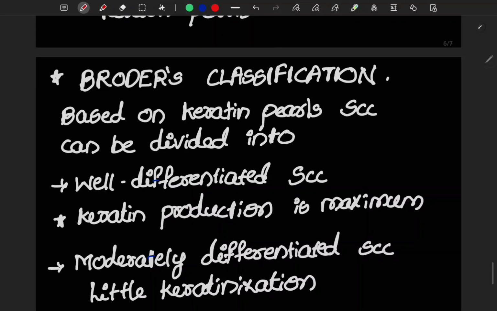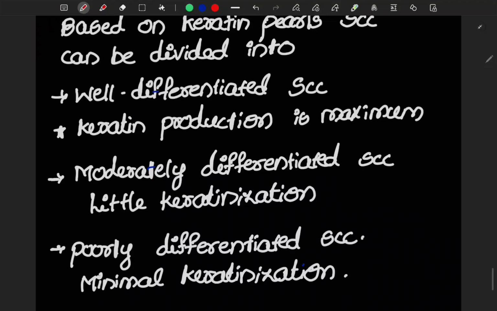Based on production of keratin pearls, it can be divided into well differentiated, moderately differentiated, and poorly differentiated squamous cell carcinoma. In well differentiated squamous cell carcinoma, keratin production is maximum, with maximum production of keratin pearls.